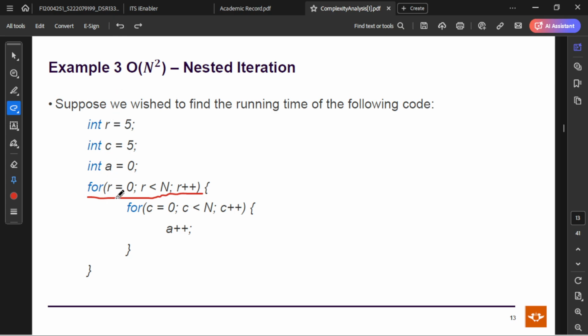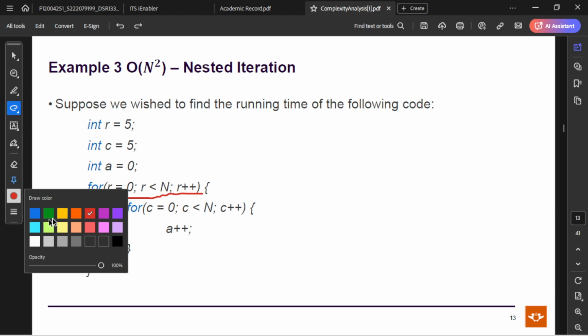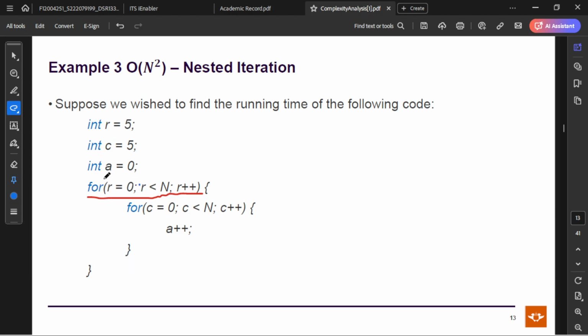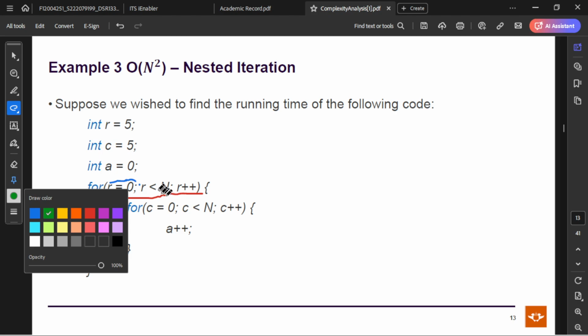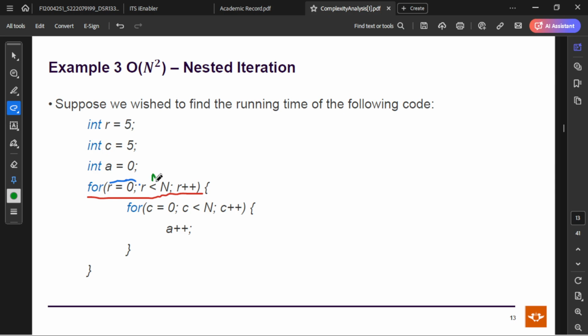So here, this one for me will only run once, when the for loop is called. It will only execute once, and that's it. The 2 over here will execute n times, and over here it's going to be n times as well.